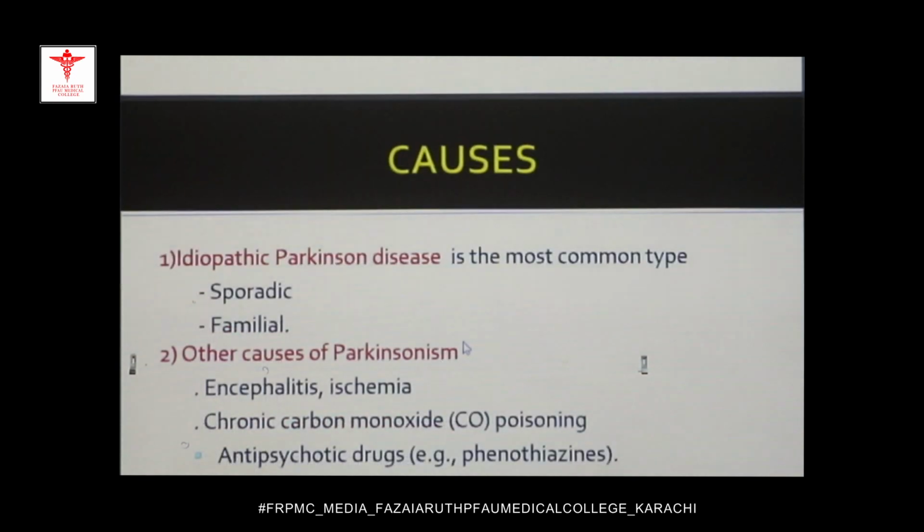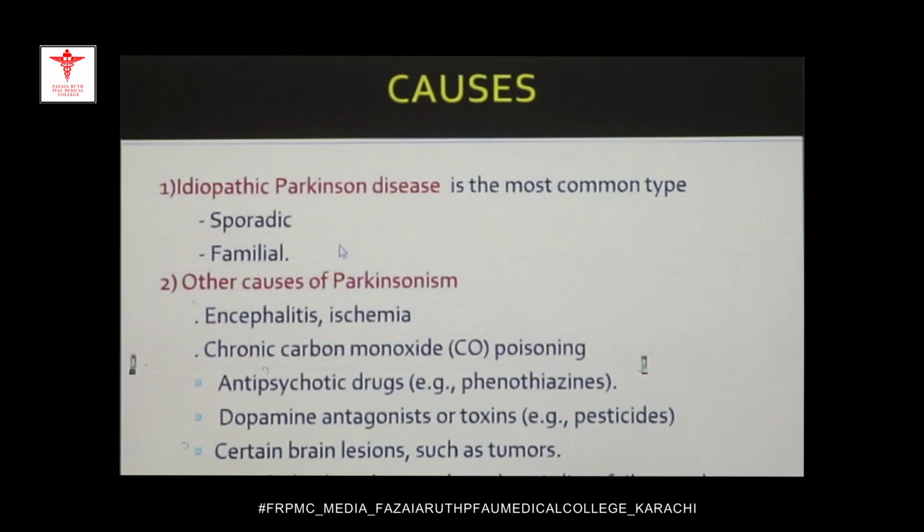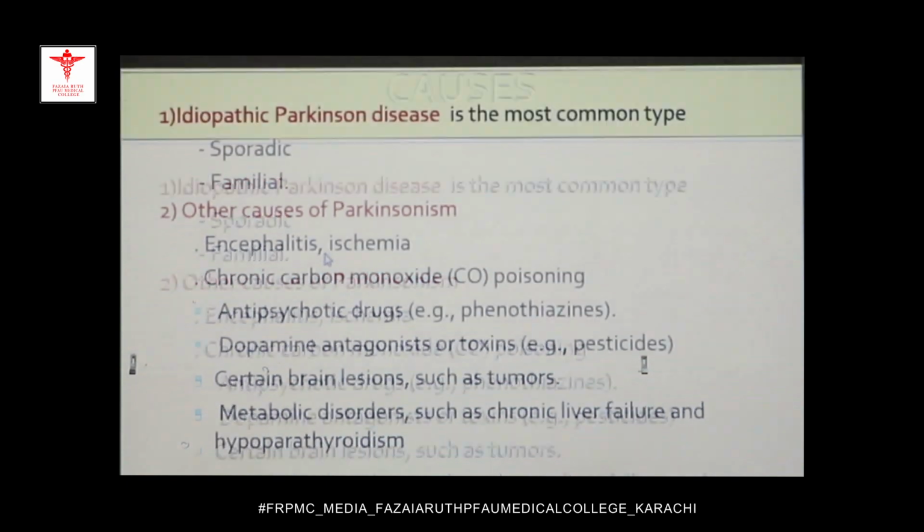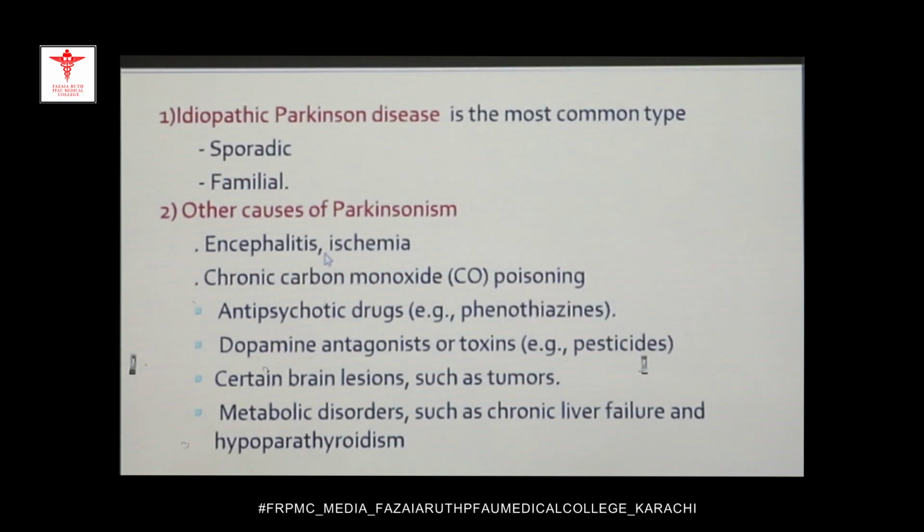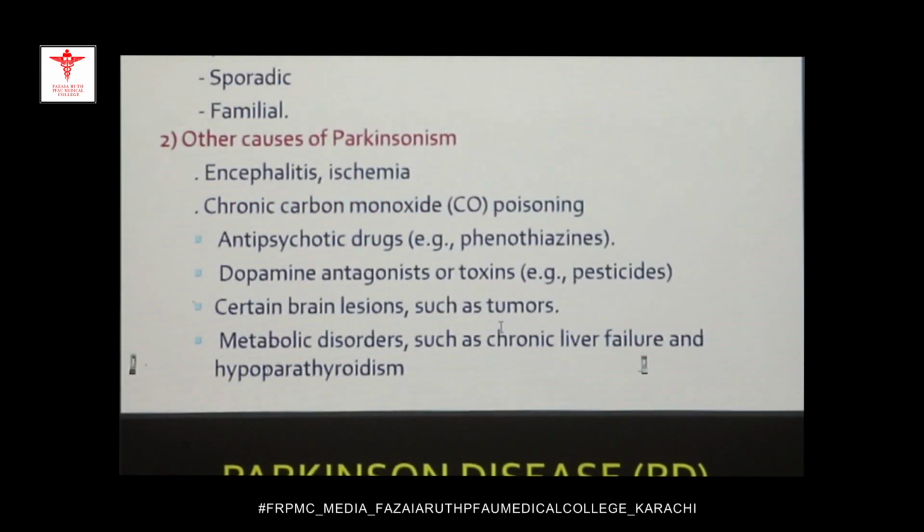substantia nigra. So Parkinson's disease may be sporadic or familial, which is most common, but other causes of Parkinsonism include cerebral infections like encephalitis, ischemic damage, carbon monoxide poisoning, phenothiazine antipsychotic drugs, certain pesticides, brain tumors, metabolic disorders, chronic liver disease, and hypoparathyroidism.